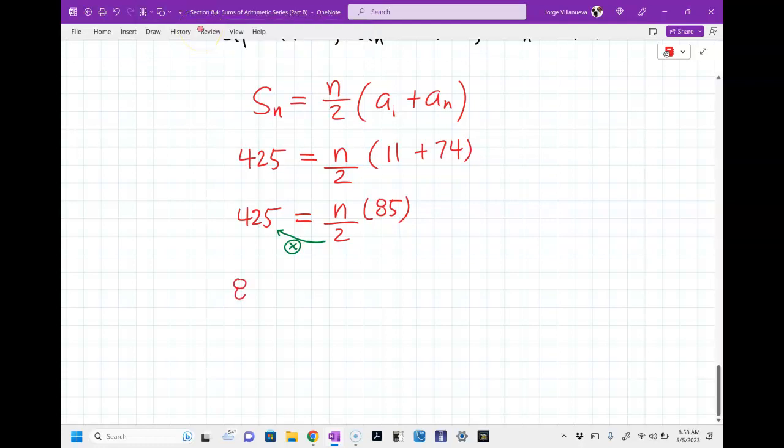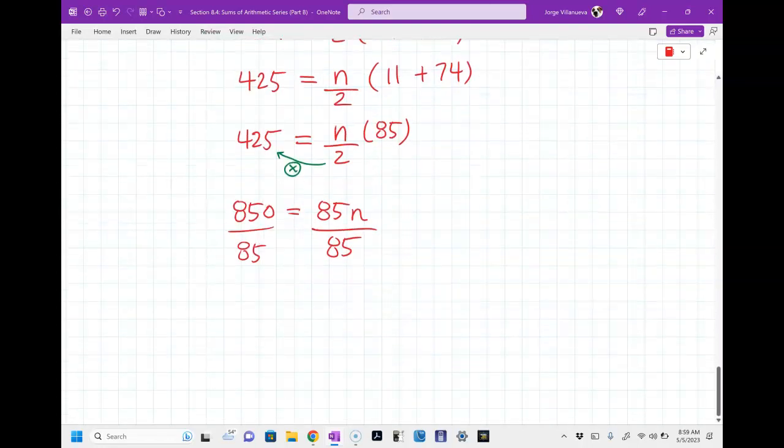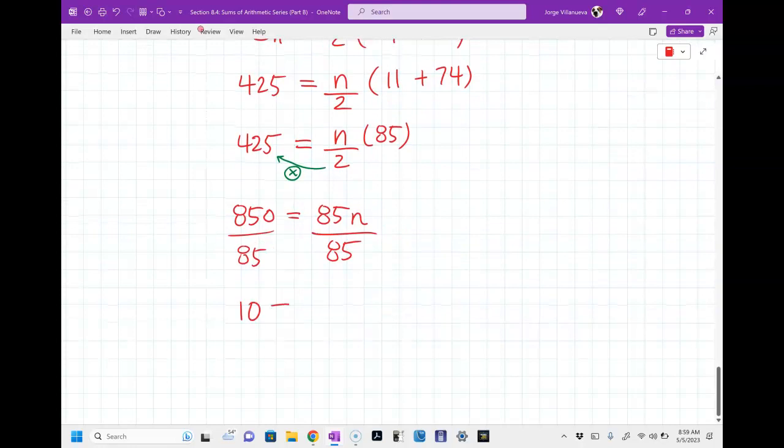So 850 equals 85n, because n times 85 is 85n. All I have to do now is divide by 85. And my answer is 10. So 10 is equal to n. That's the number of terms. And this is what your homework is like.